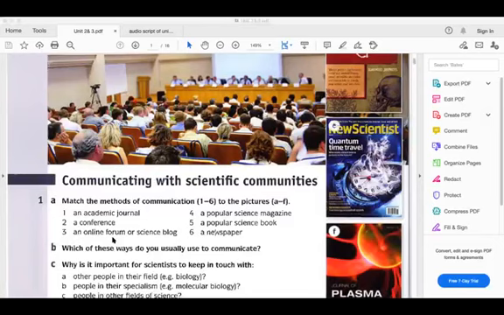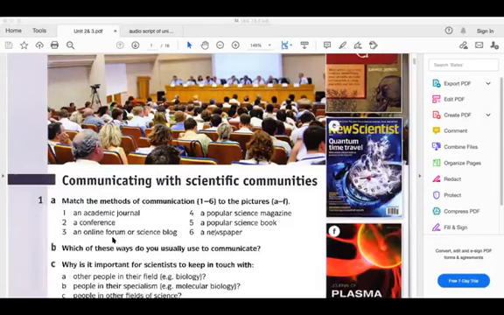Sometimes I speak in Arabic in order to make sure that you understand. So we have, for example, the online forum here means muntada, a popular science magazine.